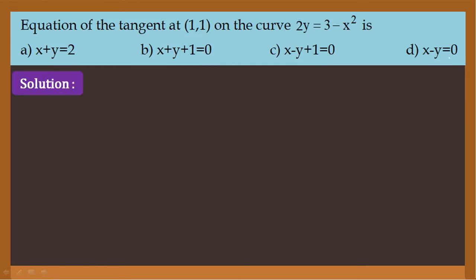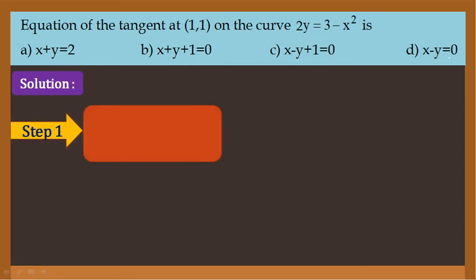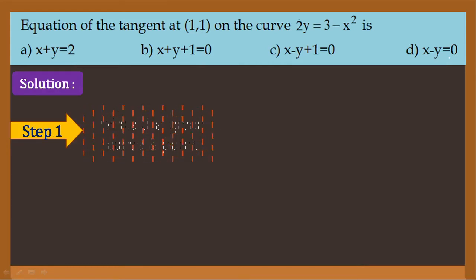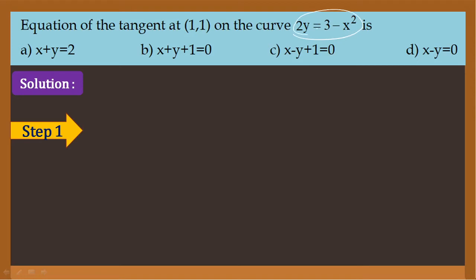Let us find this. First, we write the given curve and point. Given curve is 2y is equal to 3 minus x square and the point is (1, 1).